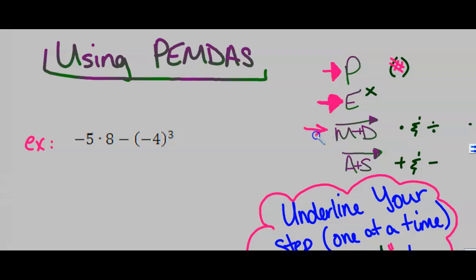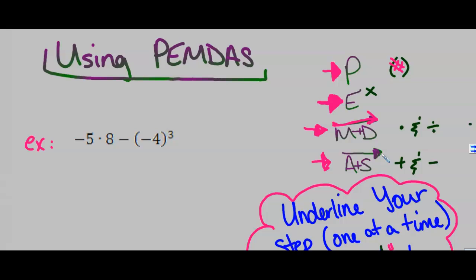Then we'll take care of multiplication and division, but we need to do this from left to right, as if we're reading a book. Okay? It's not multiplication first and then division. It is literally reading it from left to right. We're going to take care of all of them, multiplication and division. Same thing with addition and subtraction as our last step, left to right.